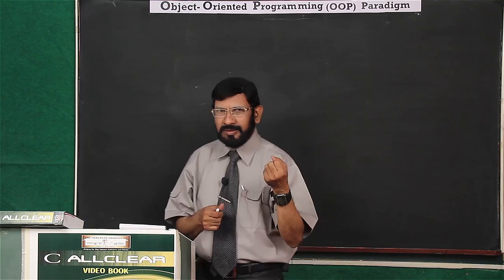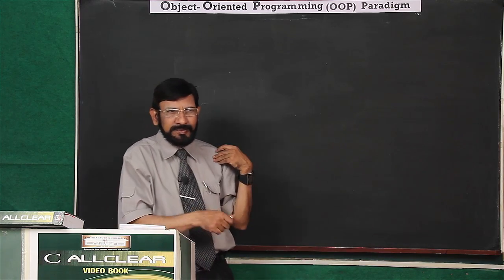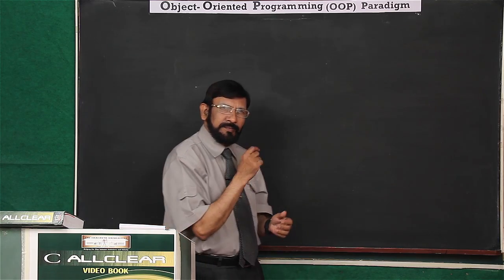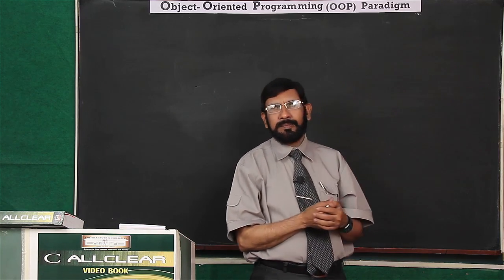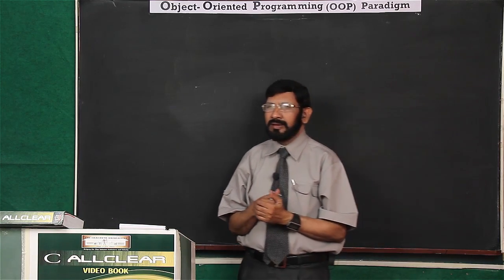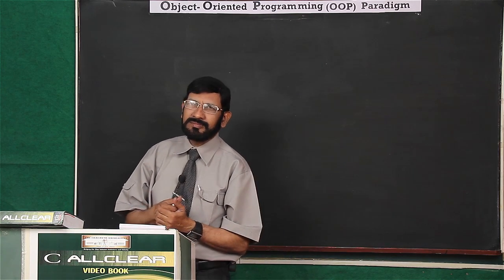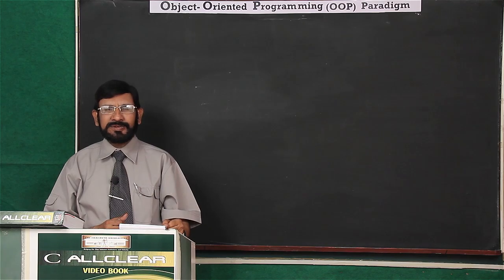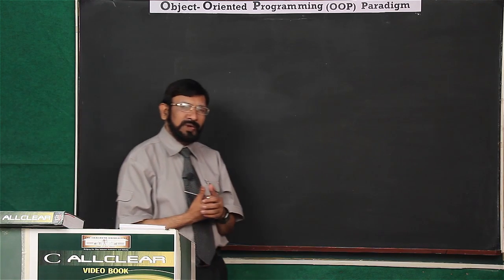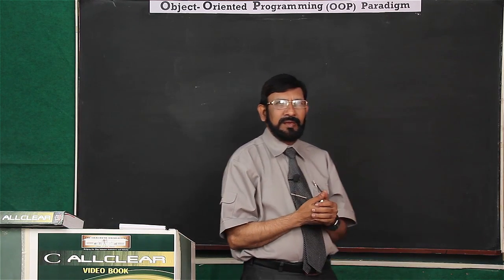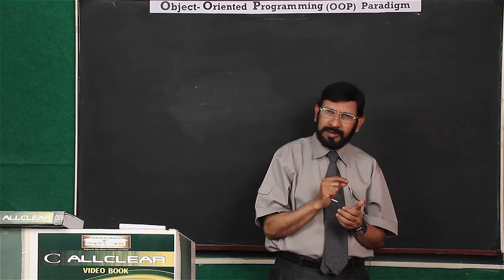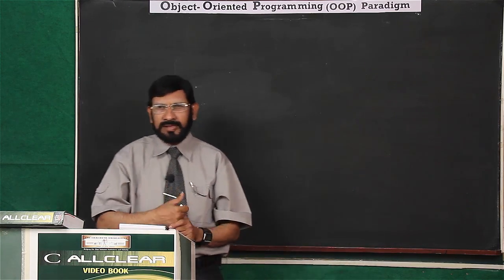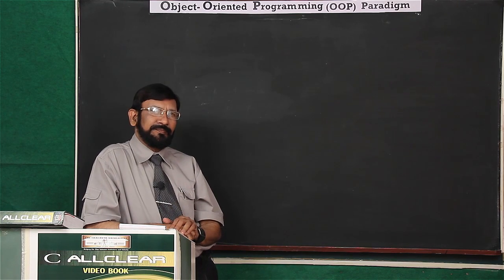A human being, you are an object, I am an object, this fan is an object, that light is an object, the mobile phone is an object, bank customer is an object, bank account is an object. There is nothing in the world which is not an object. So, how can we get a result? One object interacts with one or more other objects and gets the result.